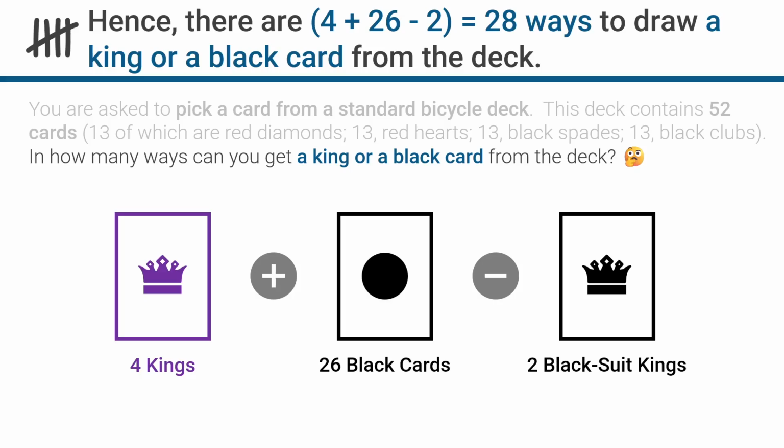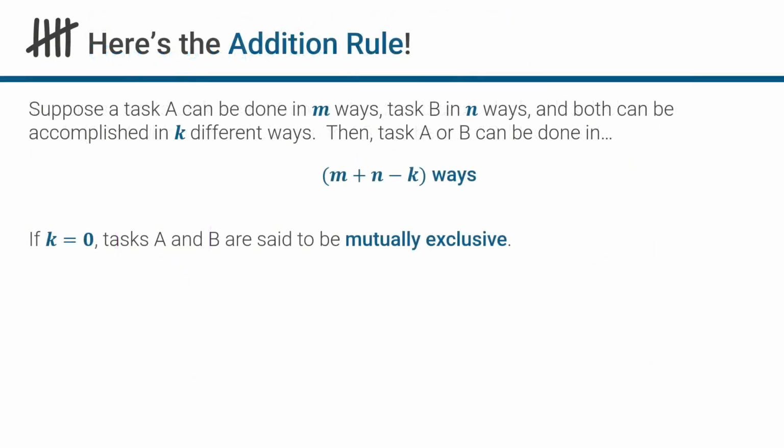So in the multiplication rule, we have n1 times n2 times n3, n4, n5 ways to do that. In the addition rule, we have m number of ways plus n number of ways, and then minus what can be accomplished in both, the mutually inclusive one.